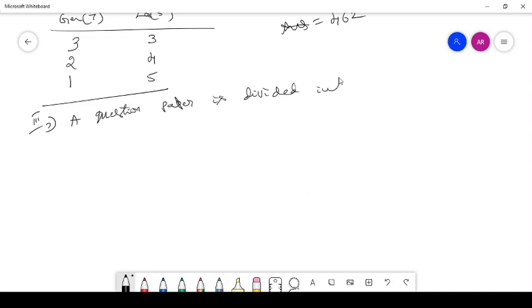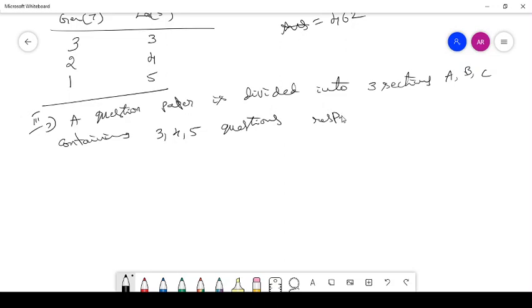A question paper is divided into 3 sections, A, B, C, containing 3, 4, 5 questions respectively. That means section A containing 3, section B containing 4, section C containing 5 questions.